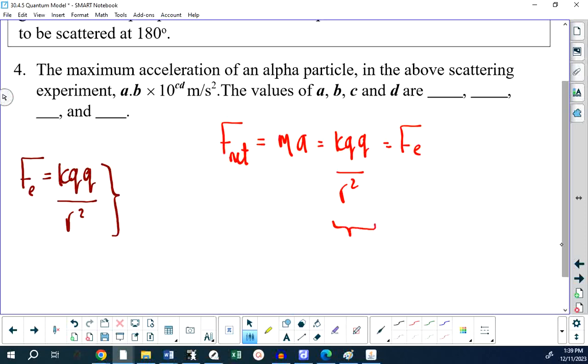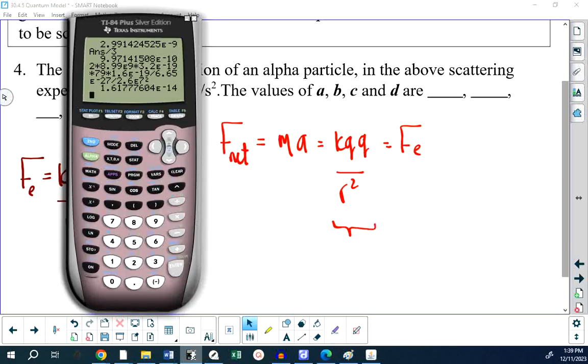So what does this work out to? Well, we have to take k times the charge of an alpha particle times the charge of the gold nucleus. Here we go again. 79 elementary charges divided by the distance squared. This is a force.